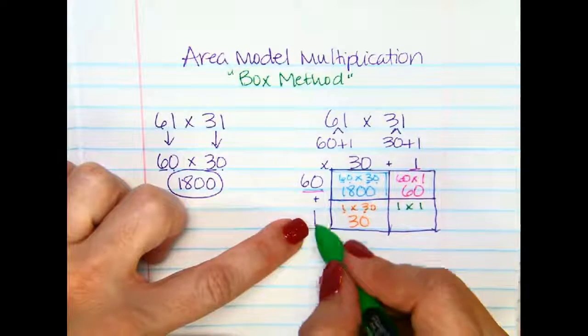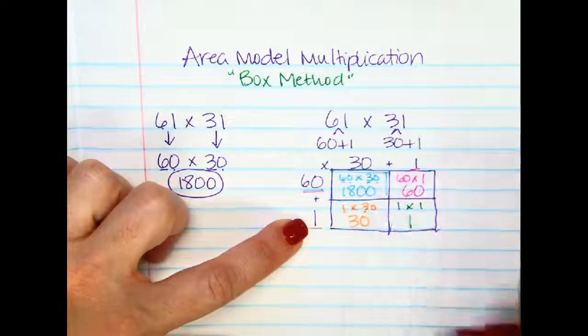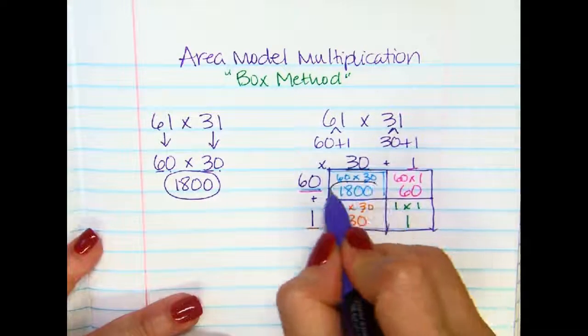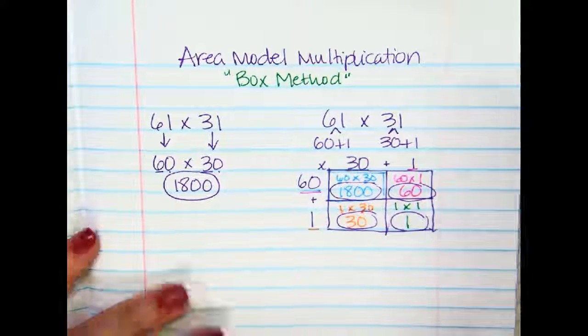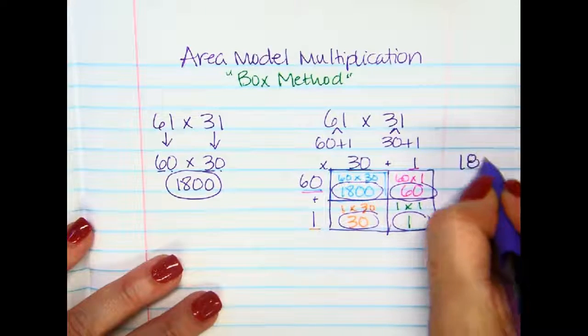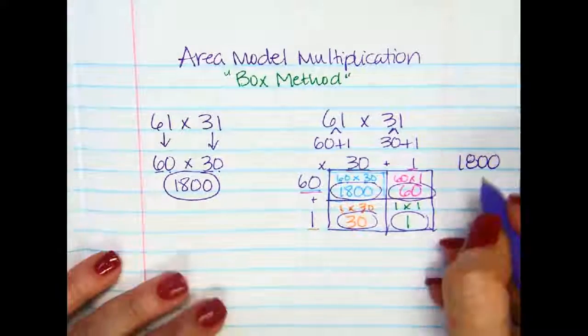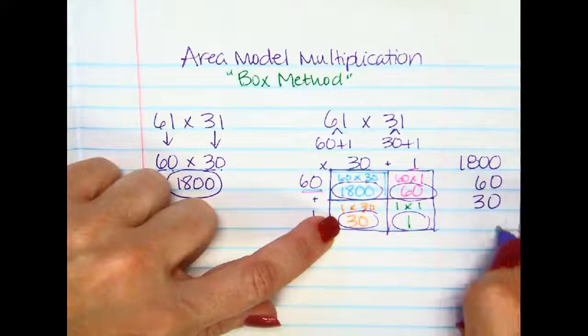And then the value of this 1 times this 1, which is right here, is 1. These are called partial products. And all we have to do is add these numbers and we'll get our answer. So we have 1,800, 60, 30, and 1.